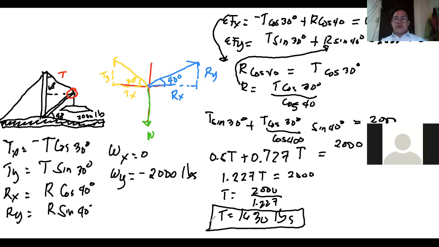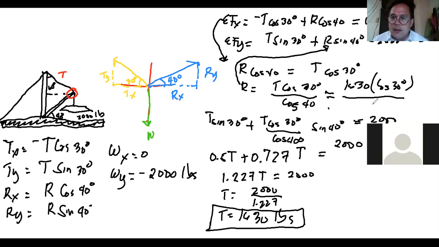So 1,630. Now, if I ask you what is the reaction of the boom, ignoring its weight, this will be your value. So you change that to 1,630 times cosine 30 divided by cosine 40, and your answer is 1,843 pounds.